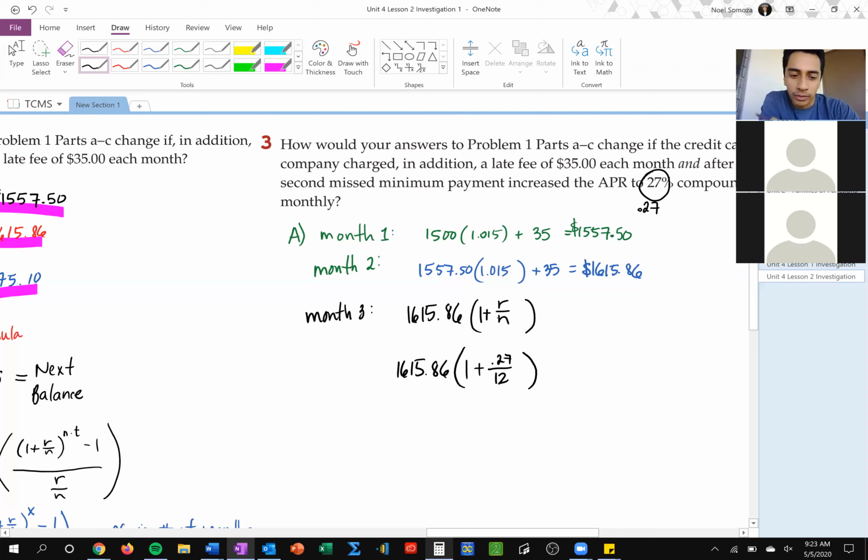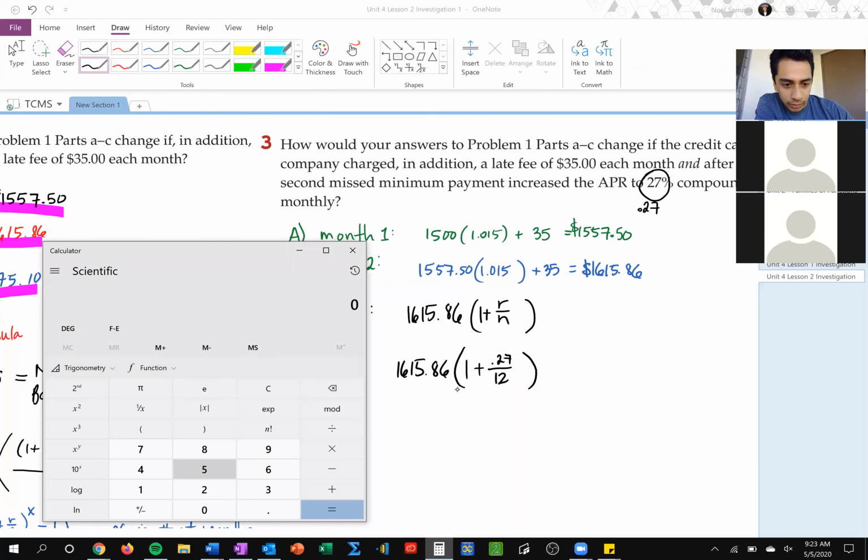You just want to know what percentage you have to multiply by for the 1 month. So let's simplify this down. 0.27 divided by 12 is 0.0225.